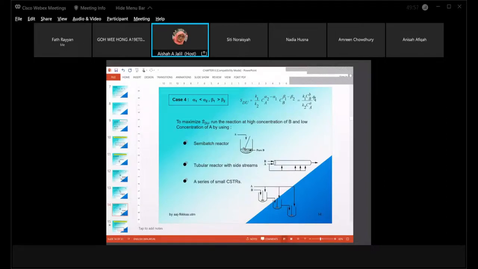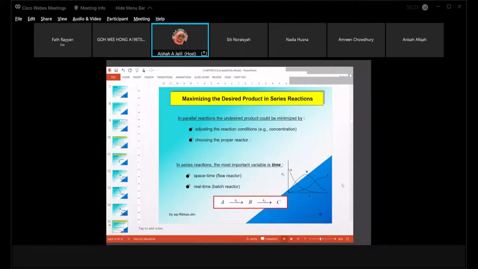So CB must be higher, so you put CB at the beginning here, and then add the CA dropwise, so we can keep it lower in concentration. Then this is also just changing the P and A. Similar to case 2, but change the A and B.